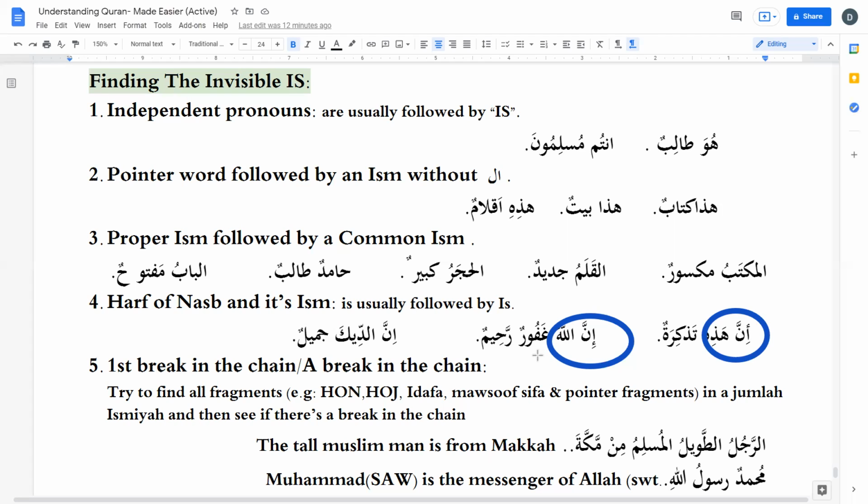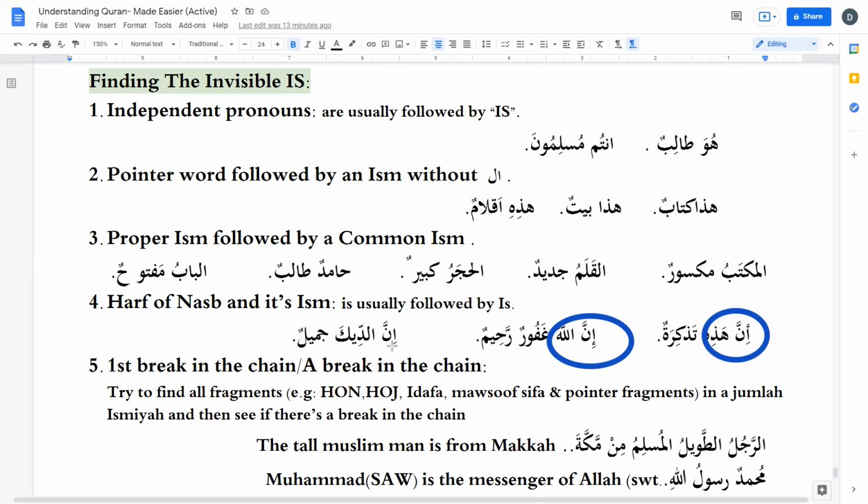But here the sentence structure is: inna is the harf of nasb, Allah is the ism mansoob, ismo inna, and both make the subject of the sentence, mubtada, and then we have the khabar, ghafurur rahim. Both are khabar and both are common. And "is" comes just after harf of nasb and its ism.